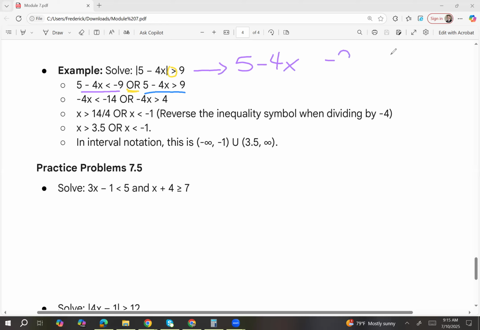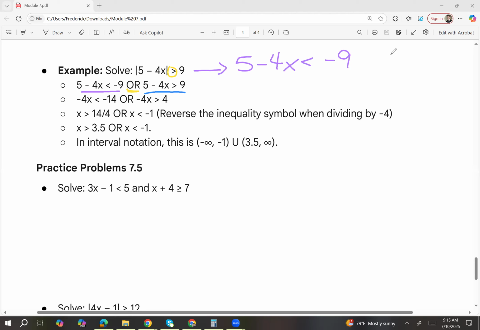So we kind of artificially multiplied a negative quantity into this inequality. And whenever we do that, like divide a negative on both sides or multiply a negative on both sides, we flip the direction of the inequality. So if it started greater and we introduce a negative like that, then we flip it to less than. So that's why the setup is, as you see there, less than -9 for the other equation or inequality.